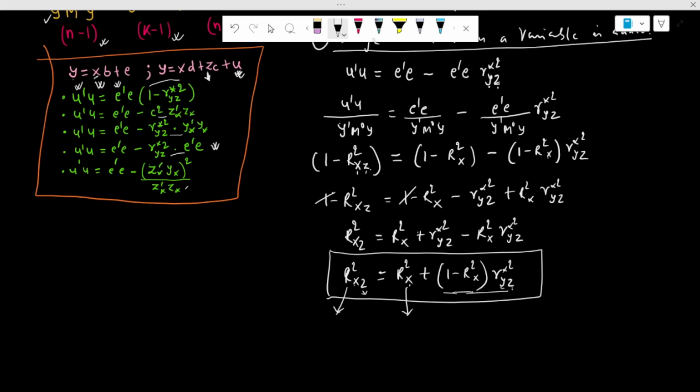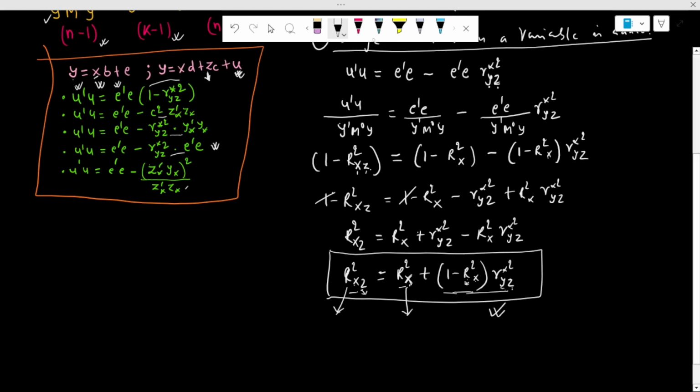This is positive, and the coefficient of determination when x is the only independent variable also ranges between 0 to 1. So if the partial correlation coefficient between y and z is equal to 0, then these two terms are equal, and if it is not equal to 0, then when a variable is added to the model, the coefficient of determination always increases.